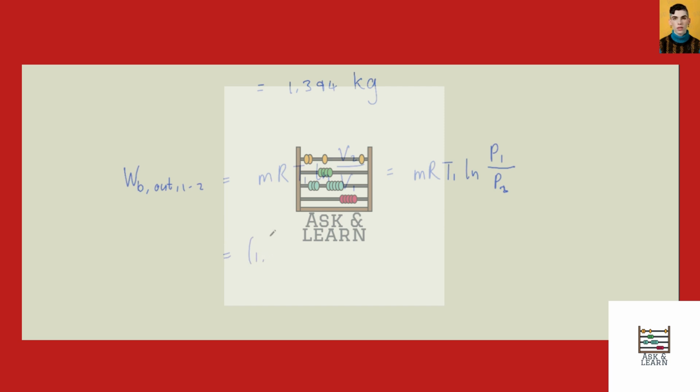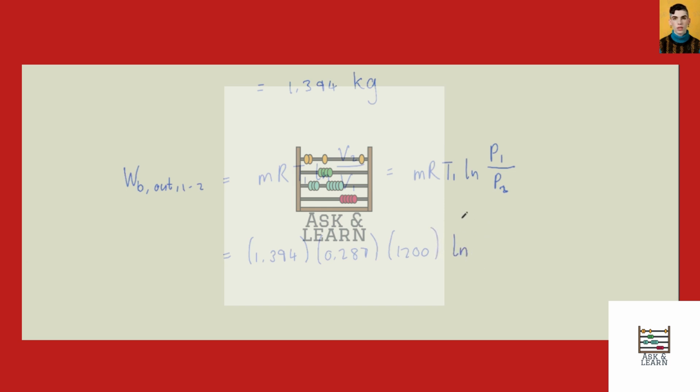So we can substitute values into this equation, and we can find our boundary work done. So the mass of air is 1.394 kg. The gas constant we said was 0.287. Remember, these values we got from our tables. And the initial temperature T1 is 1200 Kelvin. Notice that we suppress the units here.